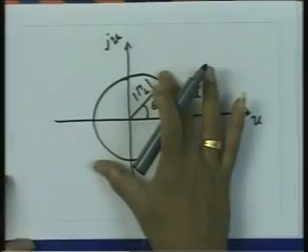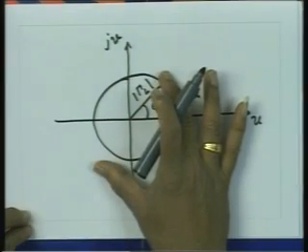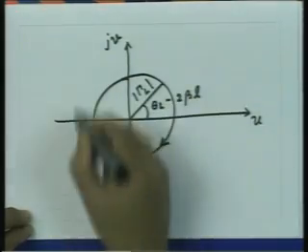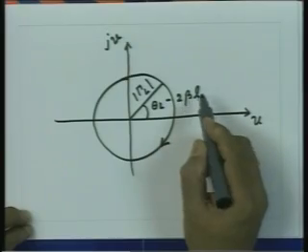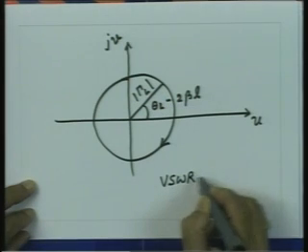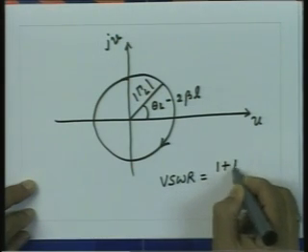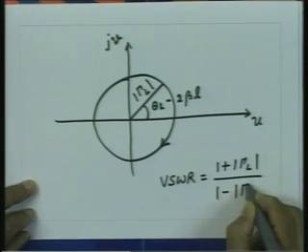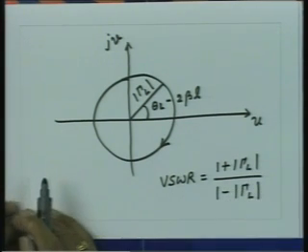Now, for this circle, the magnitude of the reflection coefficient is the same no matter what point you take on it. The phase angle changes for different points on the transmission line, but the magnitude remains the same, and we know that the VSWR on the transmission line is 1 plus mod gamma L divided by 1 minus mod gamma L, that we saw last time.